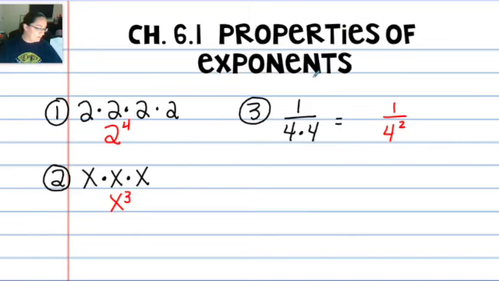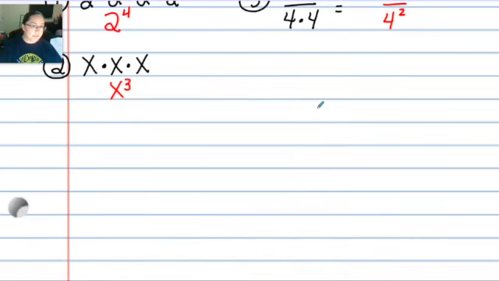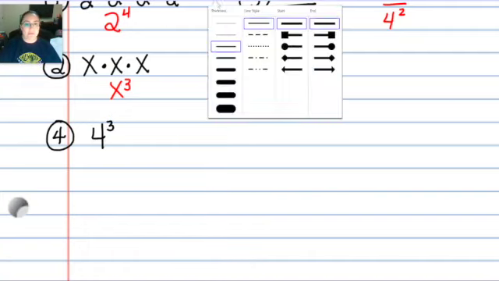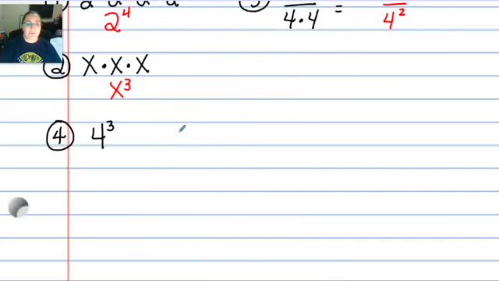Let's go ahead and move on to the next set of examples. Okay, so here, the next one says to write each expression without using exponents. So, for example, number 4, this says 4 to the 3rd power. So we're going to write this without exponents. So here, if you were to expand it, it would actually be 4 times 4 times 4, okay? I hope you're feeling like, oh, this is easy stuff, because this is the warm-up. Okay, number 5, y to the 2nd power.